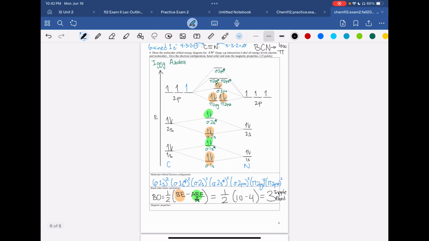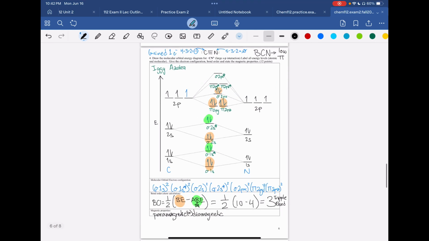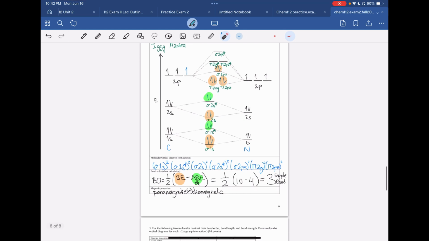Okay, your magnetic properties are going to be either paramagnetic or diamagnetic. I hope you memorize this. Para, it wants a pair. Dia, it is partners that die together.